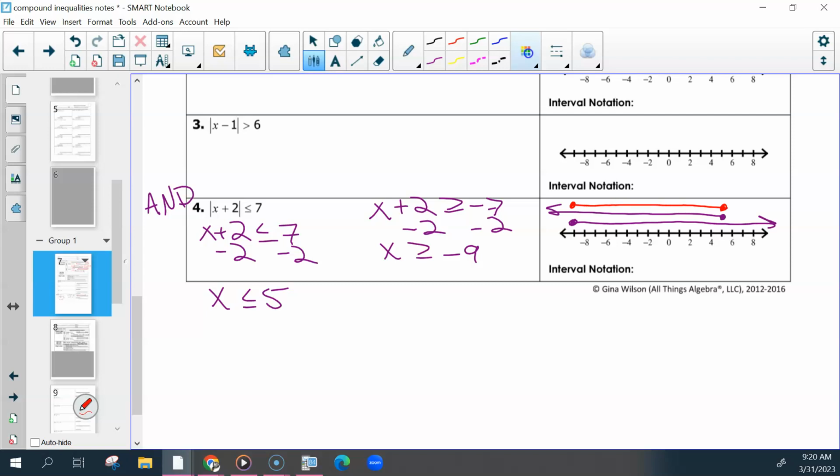So after that, I'm going to do two things. Rewrite this as a condensed. Negative 9 less than or equal to x less than or equal to 5. And write the interval notation. They would both be brackets.